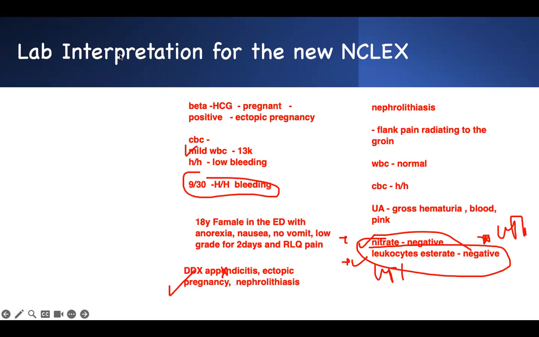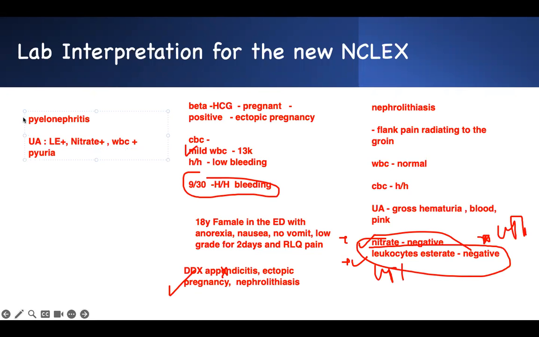And these patients, like pyelonephritis, you may see on UA leukocyte esterase positive. You may see nitrite positive. You may see WBC positive. We call it pyuria, basically.